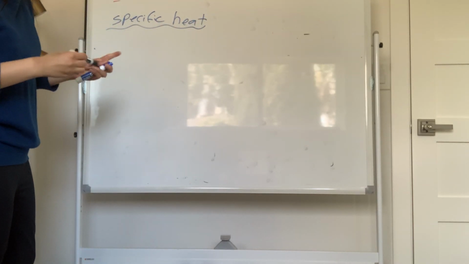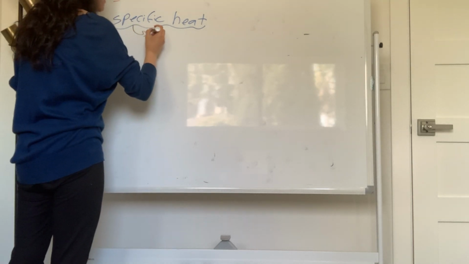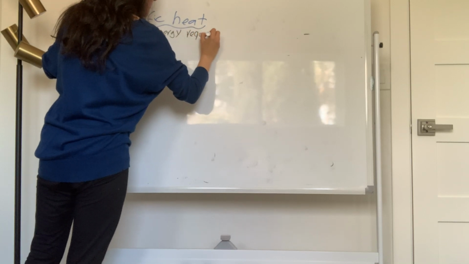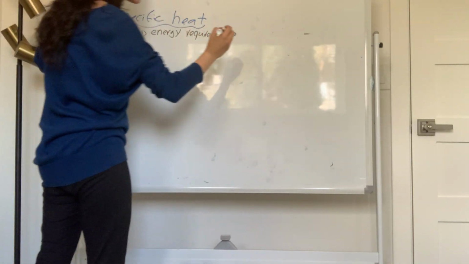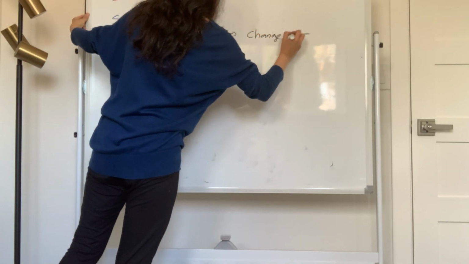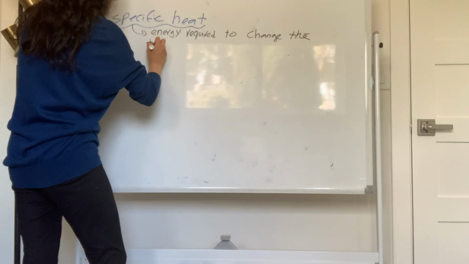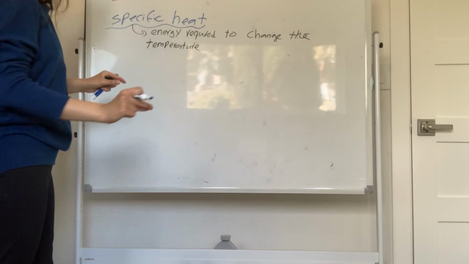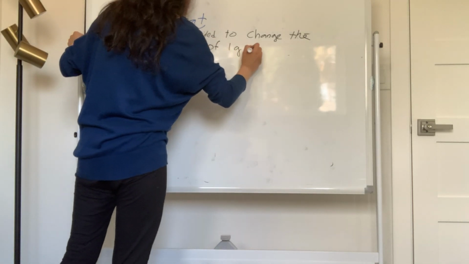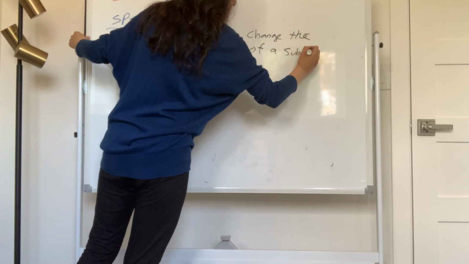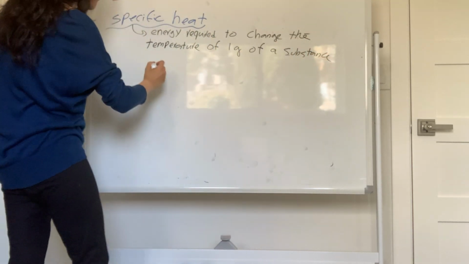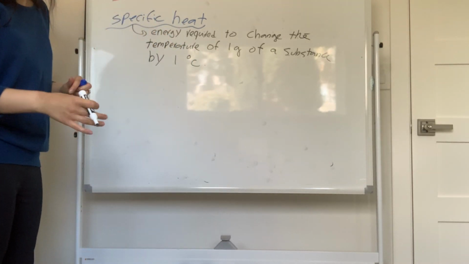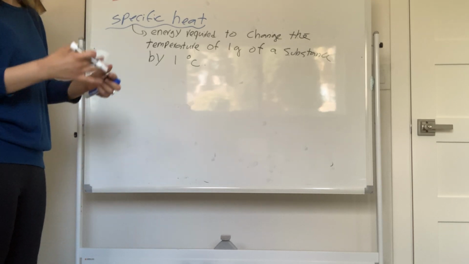Specific heat is the energy required to change the temperature of 1 gram of a substance by 1 degree Celsius. Basically, how much energy you need to change the temperature of a substance.